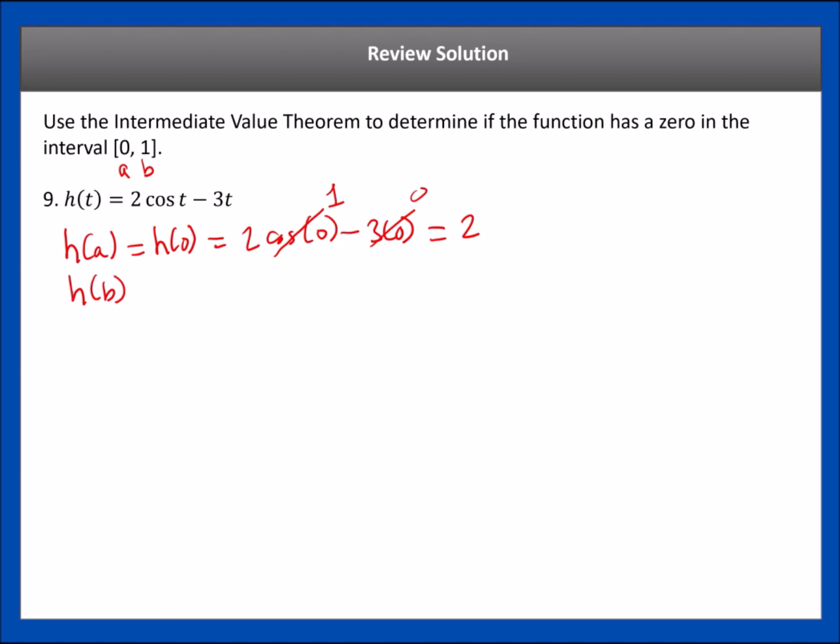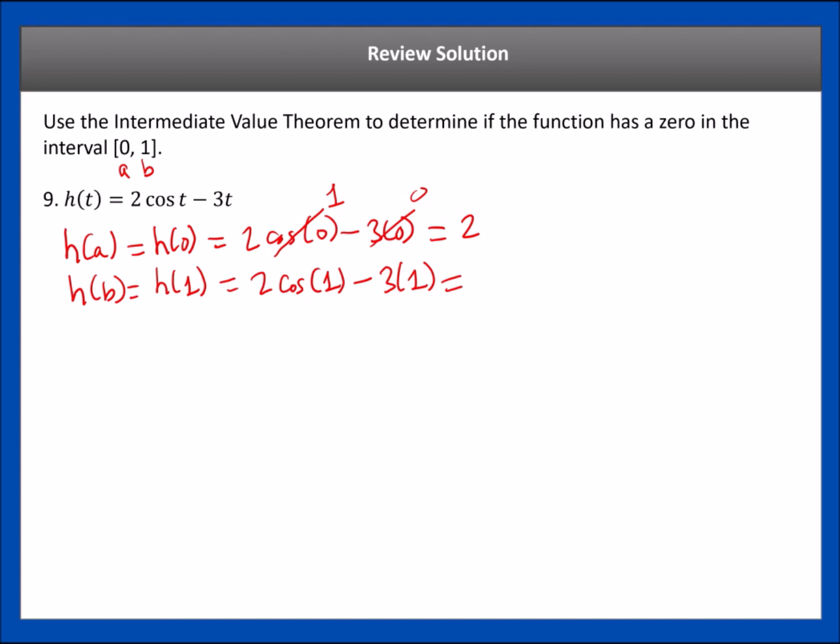h of B is equal to h of 1. So B is 1, so we're going to plug in 1. So 2 cosine of 1 minus 3 times 1. So 2 cosine of 1, that is a decimal. You need to do that on the calculator, okay? Because that's in radians, so it's going to be a decimal.